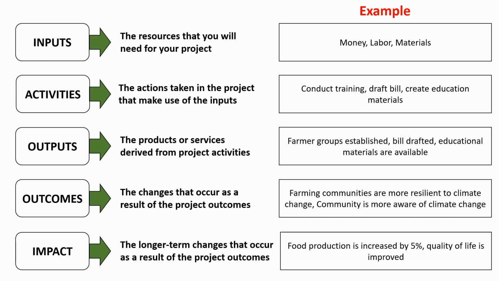These are big goals, and usually it takes more than one project to achieve these goals. It takes some policies, it takes work from non-government stakeholders and so forth. Usually it's not one project that is going to achieve that impact, and so that's why it's an impact. Your project will contribute to the impact, but it will not achieve the impact all on its own.